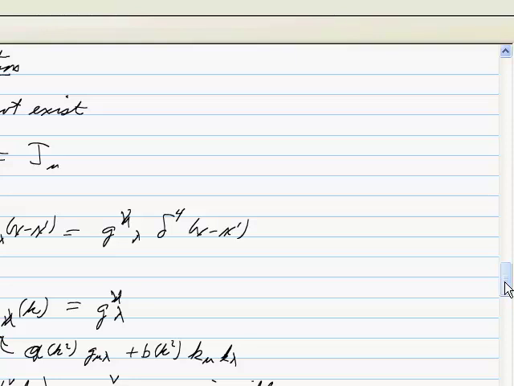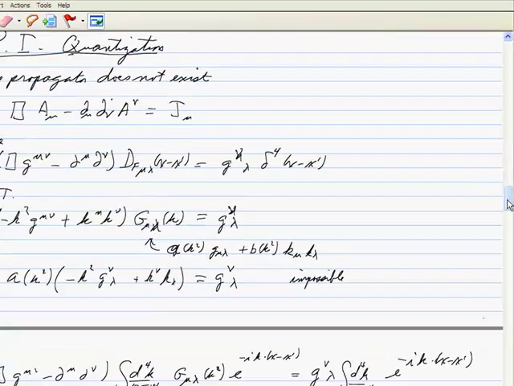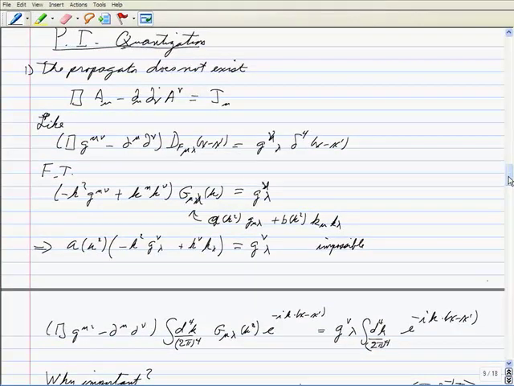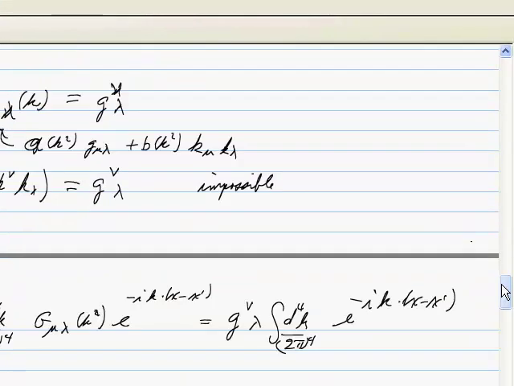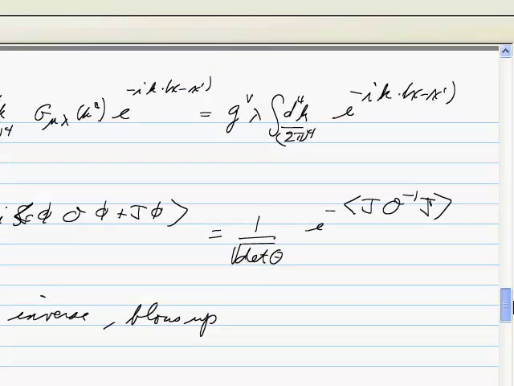So one has the sense that you do the same thing here. For many years, people went along and just blindly fixed the gauge, and it turns out to be okay for QED, but not okay for Yang-Mills. So we'll do it right here. Okay, so that's what we're headed to.